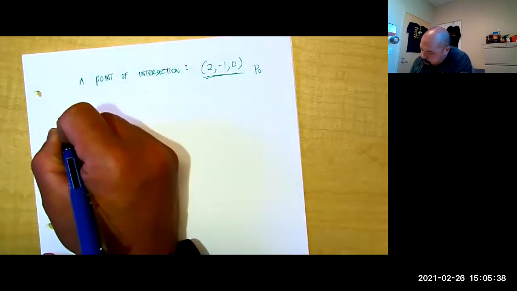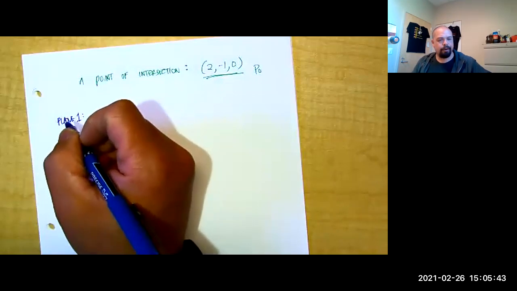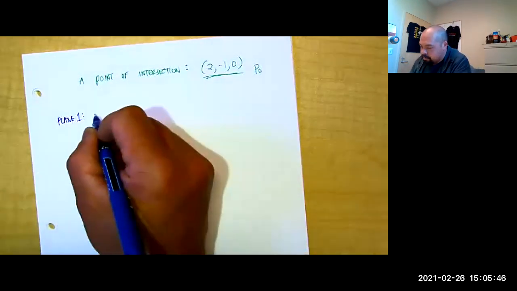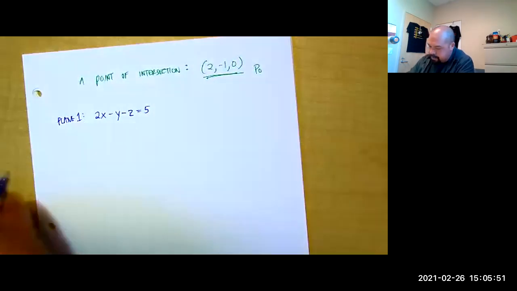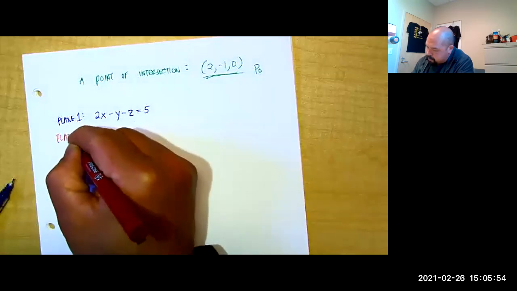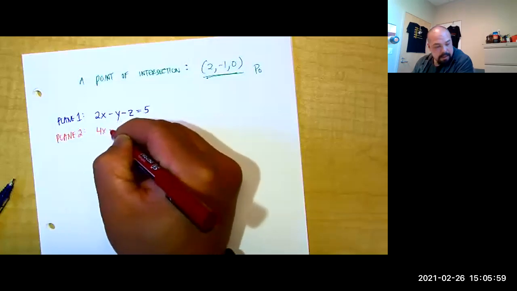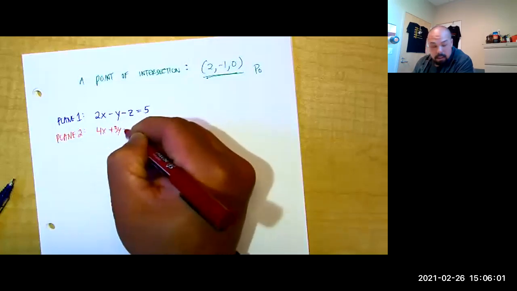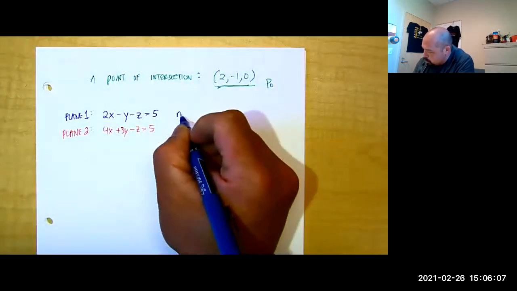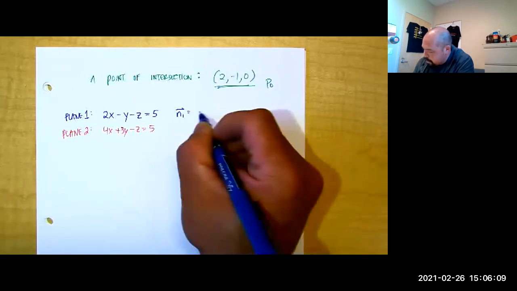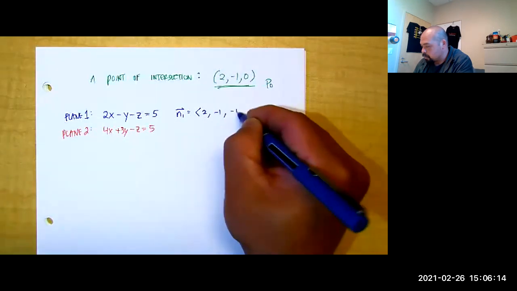So for our first plane, let me copy that down again real quick, in that rearranged form: 2x minus y minus z is equal to 5. The second plane, 4x plus 3y minus z is equal to 5. So my first normal vector, the vector normal to that plane, is 2, -1, -1.